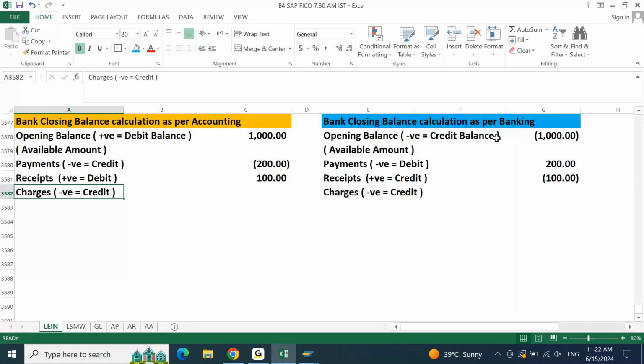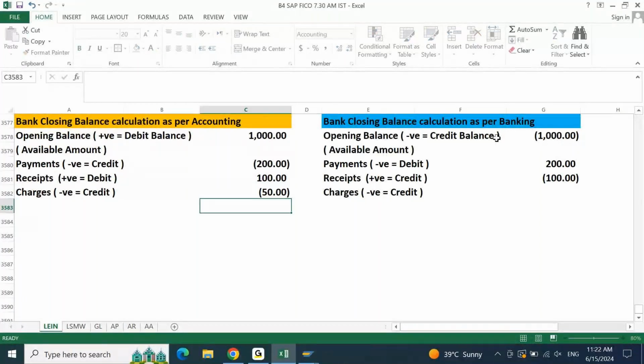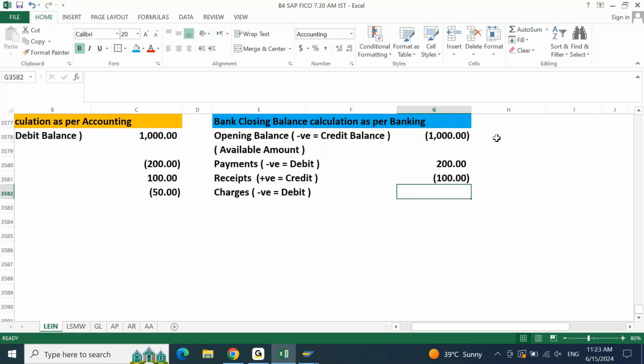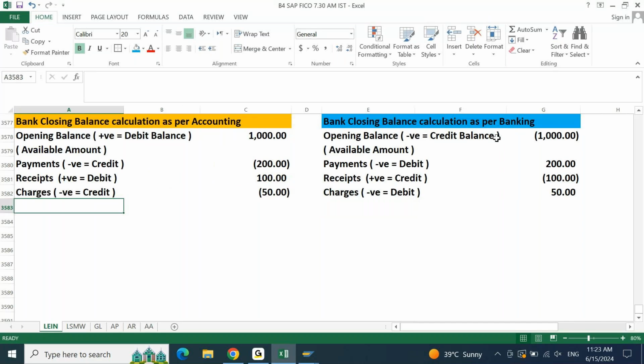Charges, this is credit only. I am going to put credit of 50. This will be 50 credit balance. Now the same deduction according to bank is represented based on debit. According to bank, deduction means debit, addition means credit. I am going to put same 50 here. Again same thing. Same amount is representing but sign is getting changed.